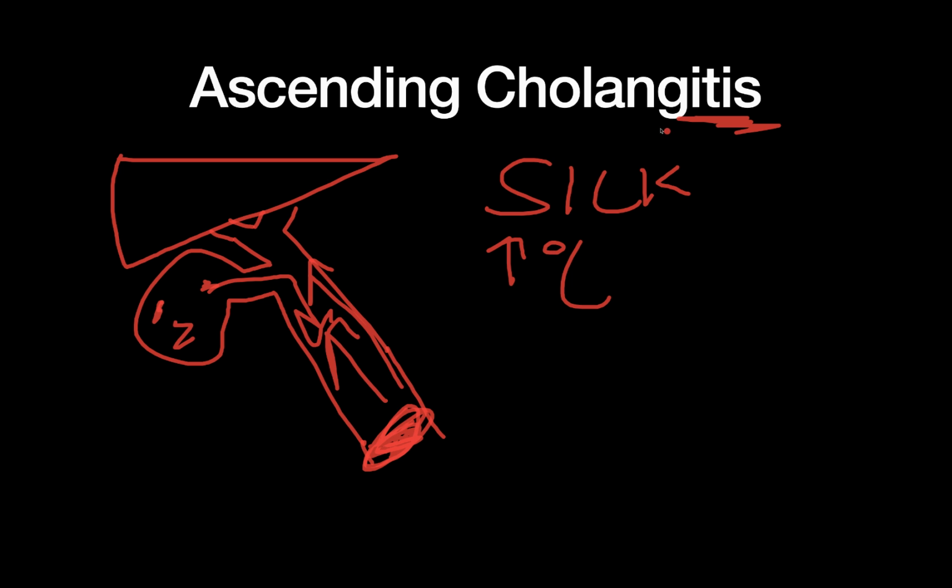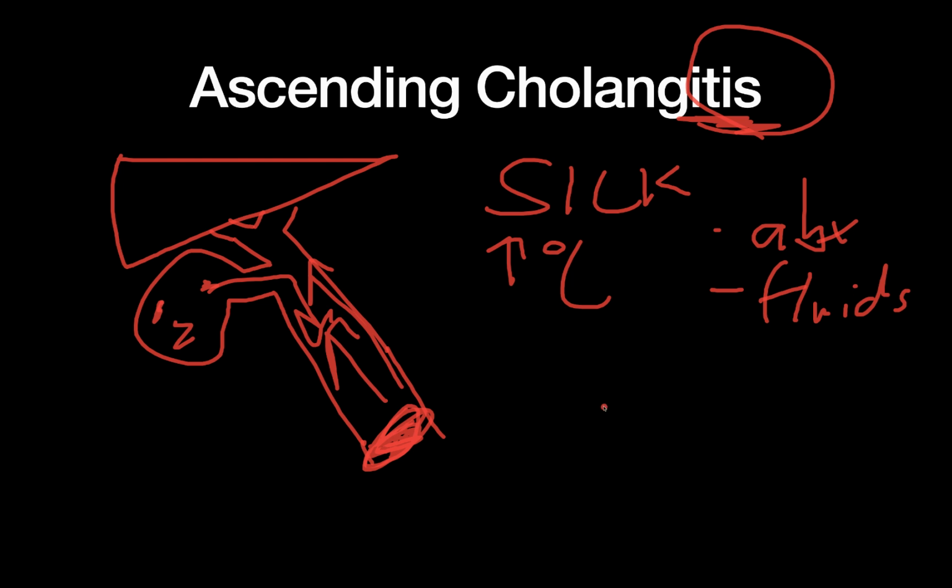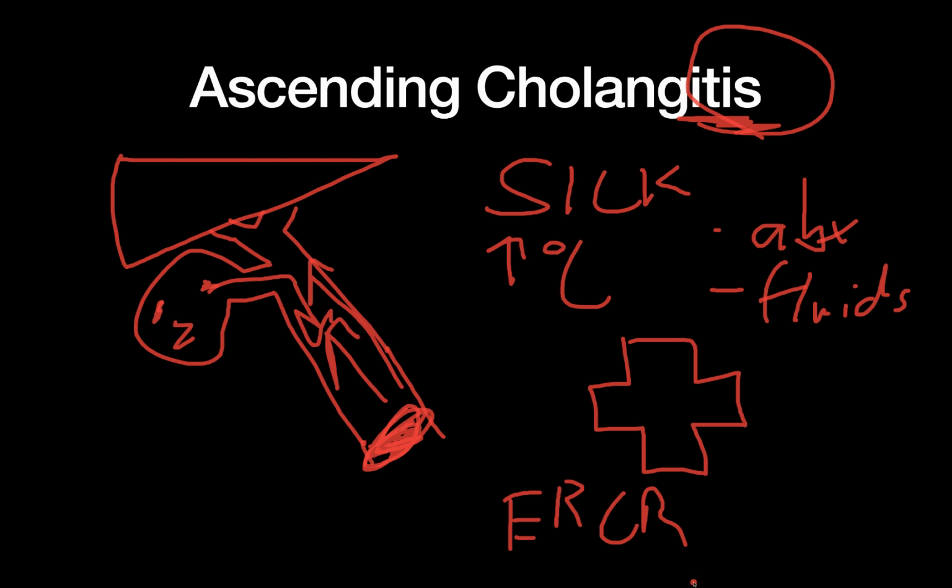Like we said, this is an infection, so we need antibiotics right away. This patient needs to be resuscitated with fluids, and this patient needs an emergent admission to the hospital and GI consultation for ERCP.